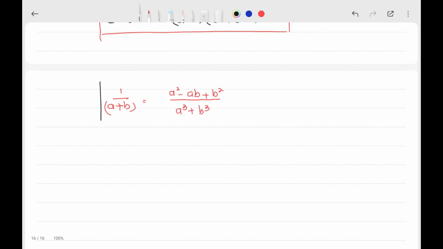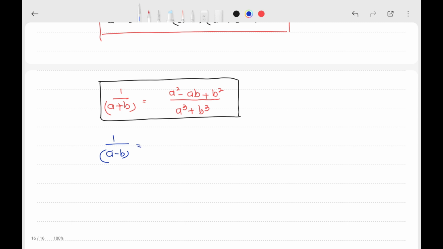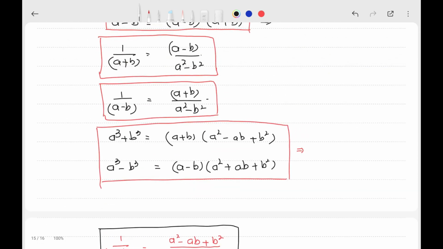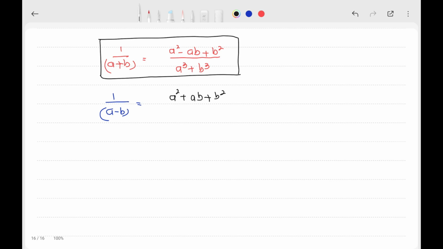This is 1 by a plus b in terms of cubes, and similarly 1 by a minus b. Sometimes we get this also. Here it will be a square plus ab plus b square divided by a cube minus b cube. These are only derivations of the primary equations.